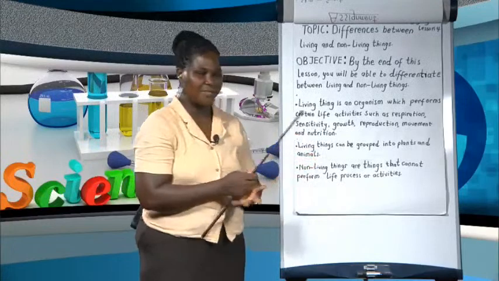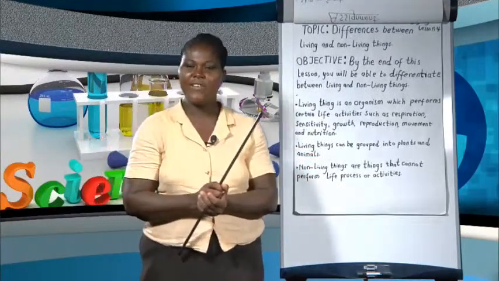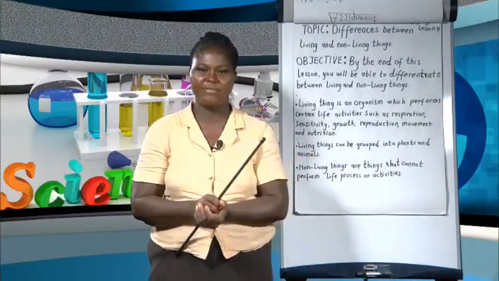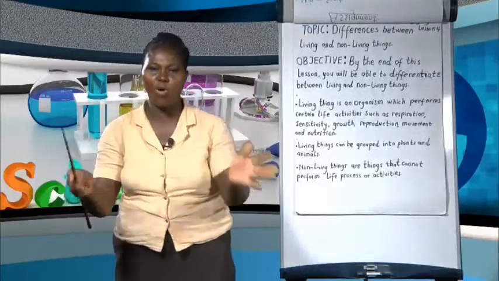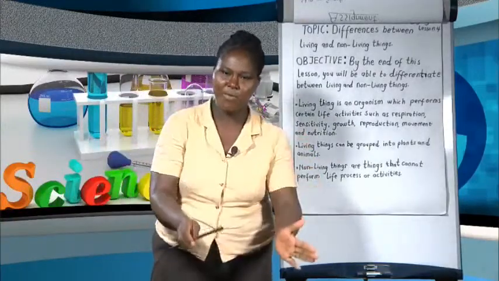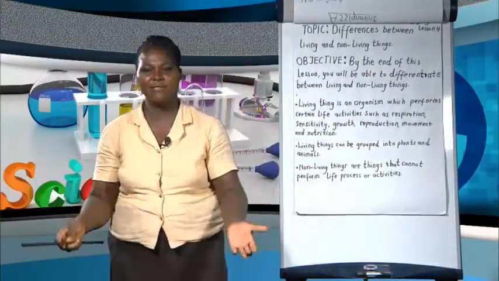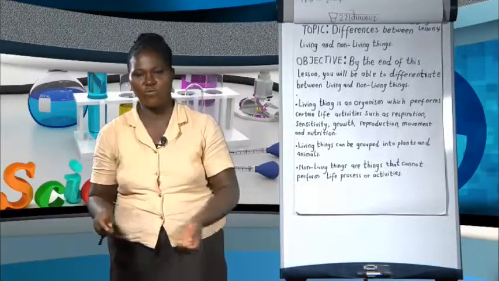And nutrition. Non-living things do not feed. They have nothing to feed on. When you put a stone, a cup, a bowl on the table, it cannot feed. But living things feed. When we feed, we grow.